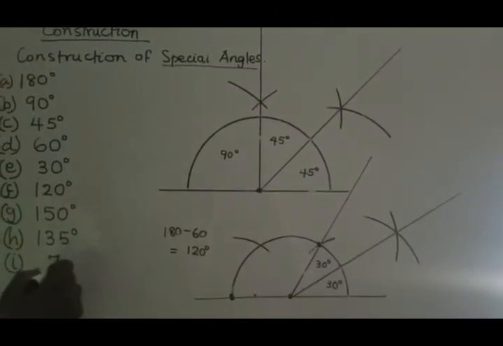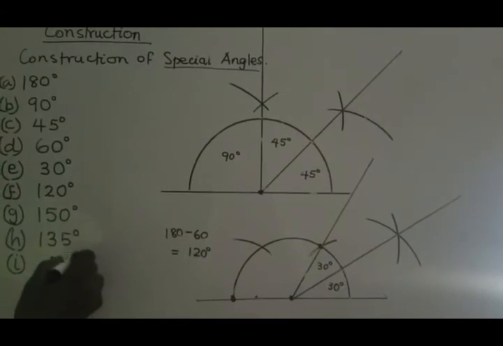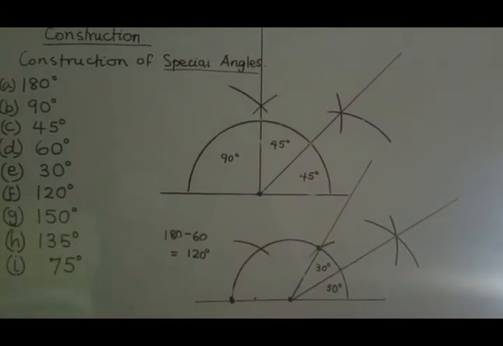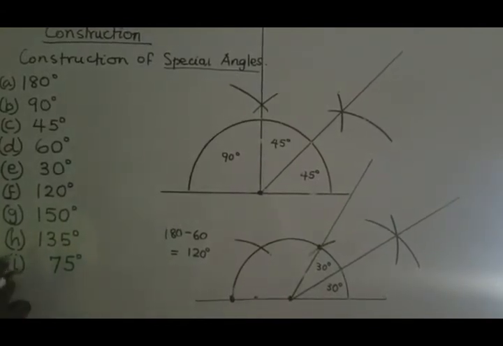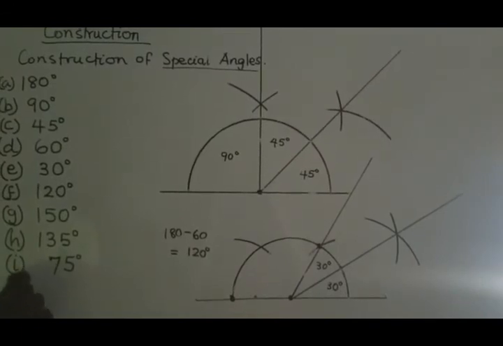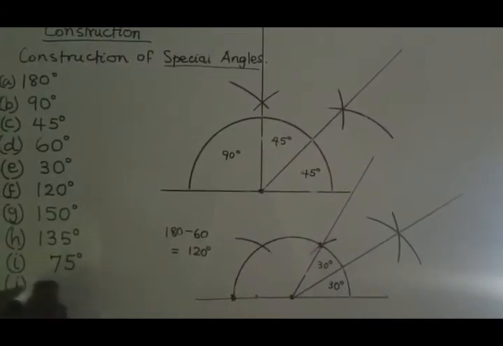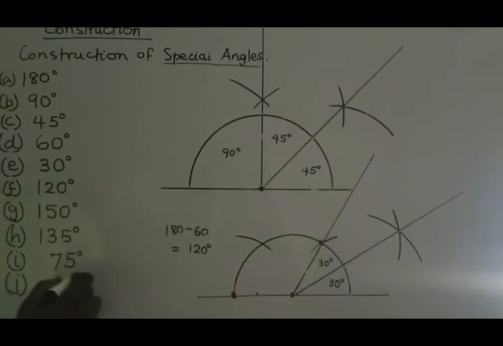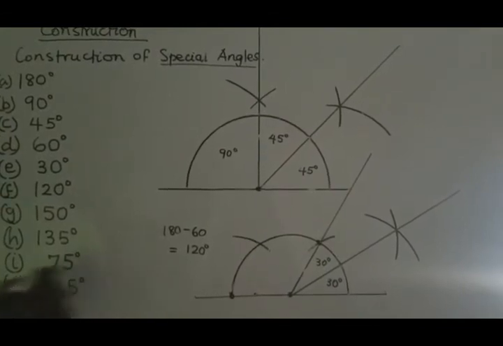We can also construct 75 degrees without any protractor, and also 105 degrees.